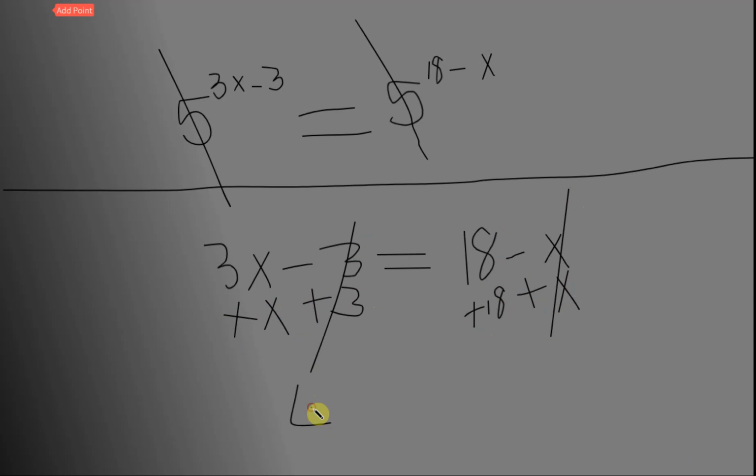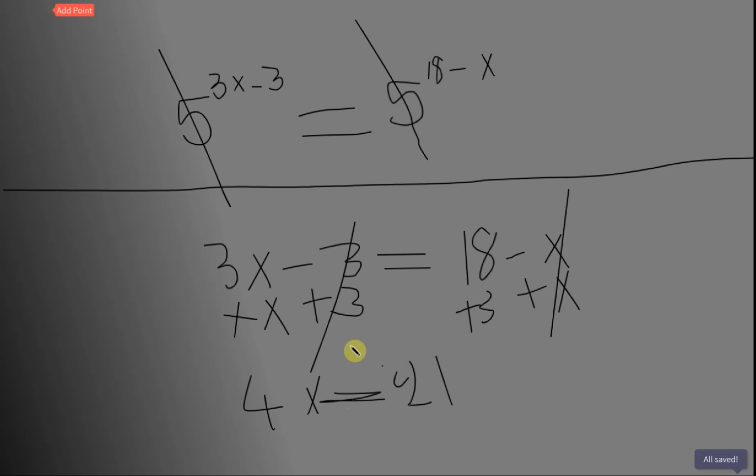And so 4x is equal to, oops, actually, wait a sec. Since it's plus 3, let's get rid of this. Okay, so 4x is equal to 18 plus 3, 21.